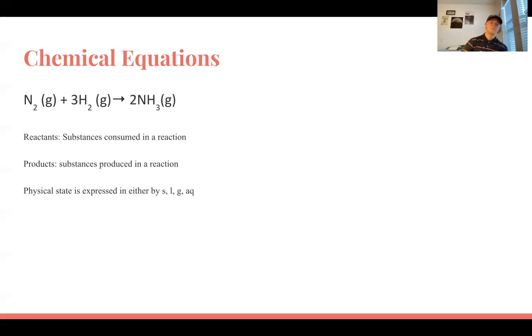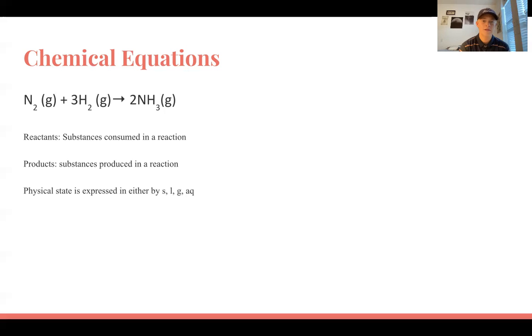in the chemical equation. And then talking about reactants, on the left side of the arrow, those are considered the reactants of the equation. In chemical equations, we know that the reactants are the substances that are being consumed. So they will be consumed, and as a result, will produce products.